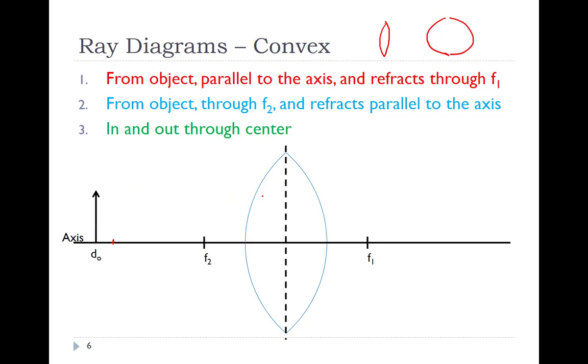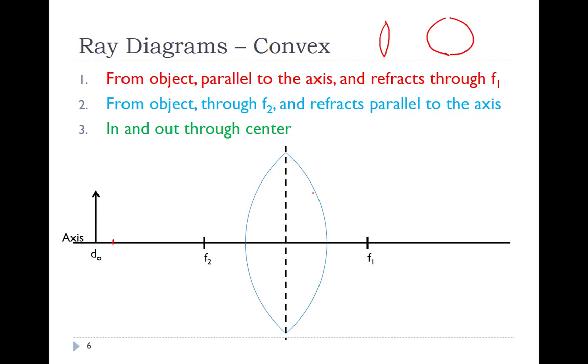So for a thin lens, all of the change in direction actually occurs for ray diagrams at the center of the lens. In reality, what is happening is the light refracts a little bit at the first surface and a little bit more at the second surface, but it gives roughly the same effect for thin lenses as just considering everything happening at the center.